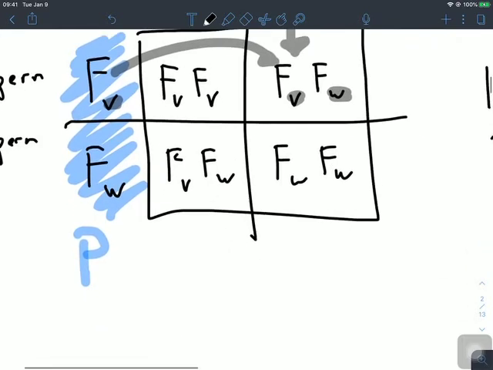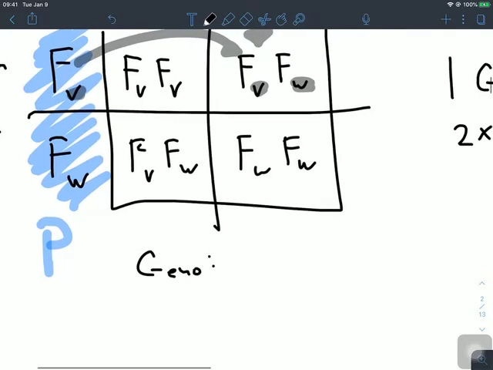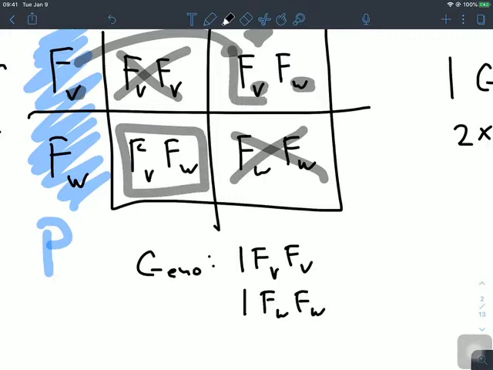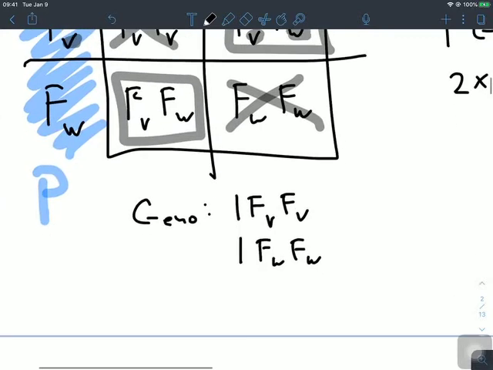So, our genotypes at the end of this cross are 1 FVFV, 1 FWFW. So there's our FVFV, there's our FWFW, and then 2 FVFWs.